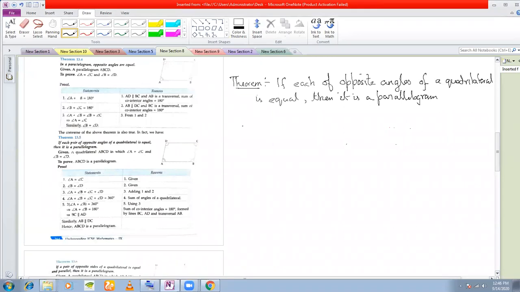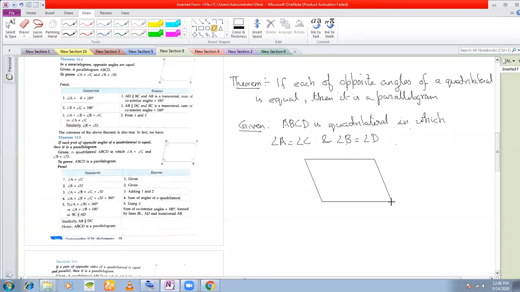So what is given here? ABCD is a quadrilateral. Not a parallelogram, a quadrilateral. ABCD is a quadrilateral in which angle A is equal to angle C and angle B is equal to angle D. Let us draw a quadrilateral.